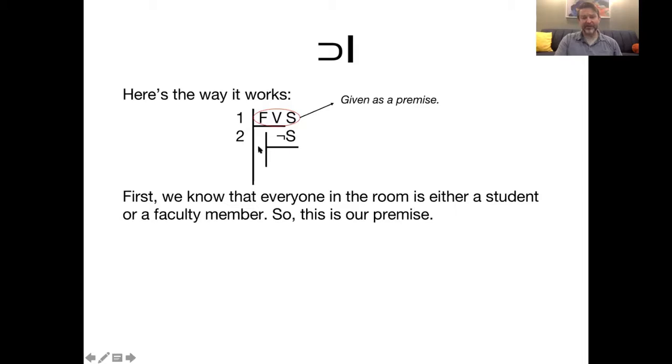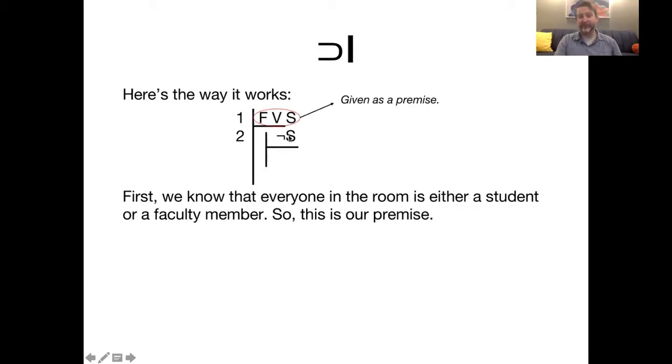And so what that shows is that if this is an embedded Fitch bar, in other words, it's not the main Fitch line, then whatever occurs above the bar is an assumption. Things that occur above the bar on the main connective are premises. But if they occur above the bar on an embedded Fitch bar, then they are assumptions.